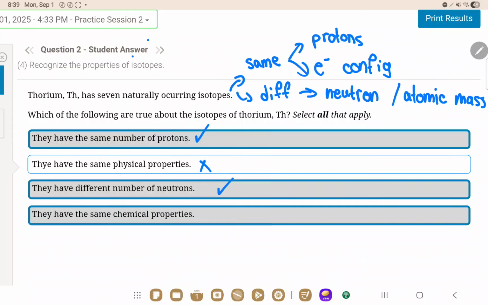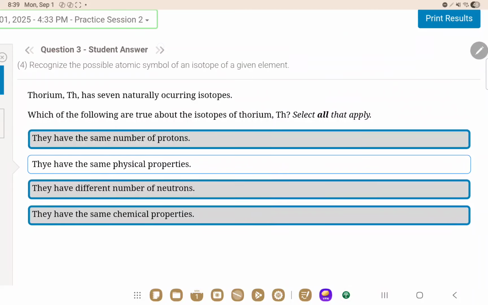I read it wrong. They have the same chemical properties. Yes, you're gonna ask, why do they have the same chemical properties? If they have the same electronic configuration, they're gonna have the same chemical properties. It's only reasonable for them to. So the only wrong one is they have the same physical properties. They do not. Moving on.